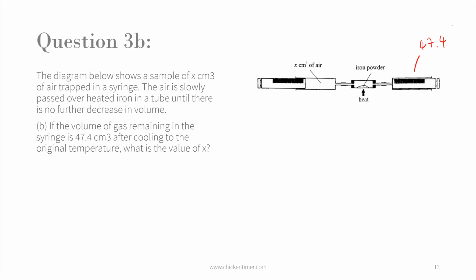Then nitrogen in air will be left behind, so it will be unused. And nitrogen gas is the one that is remaining in the setup, which means this 47.4 is nitrogen gas. And you would know that 79% is nitrogen, which means 79% is 47.4 cubic centimeter.